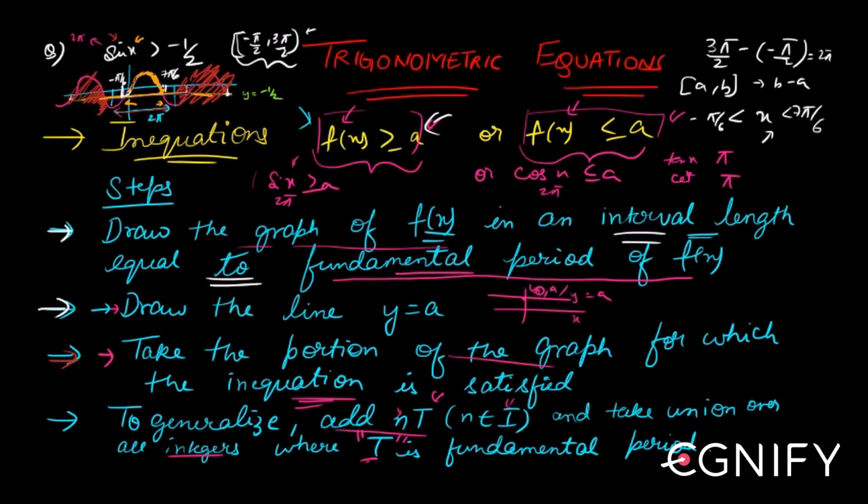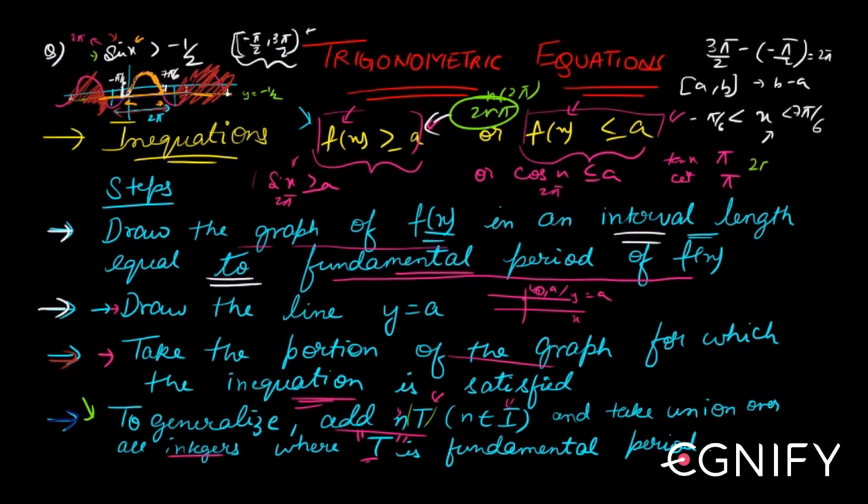So my x has to be in between these two, and the final step is to generalize. I have to add n times capital T, where T is the fundamental period. The fundamental period for sin x is 2 pi, so I have to add 2n pi on both sides.